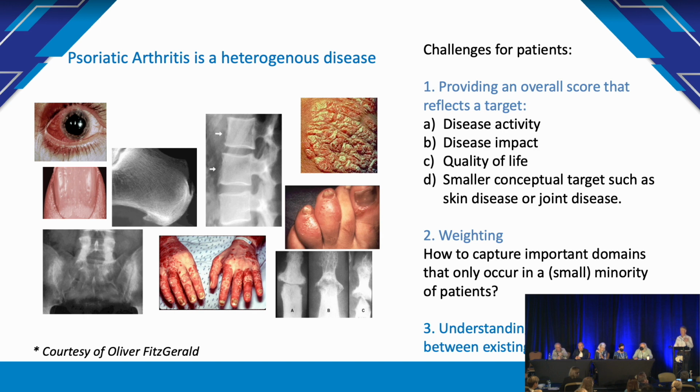But then, of course, the question for us is also, what do you expect? Is it a measure for disease activity? Is it disease impact? Of course, quality of life is important for us. So these are all items that would be nice to have in one outcome. But of course, it should not lump everything together.